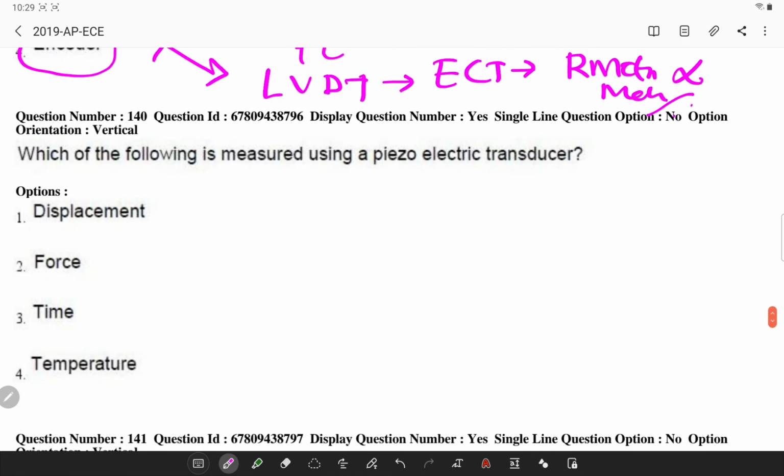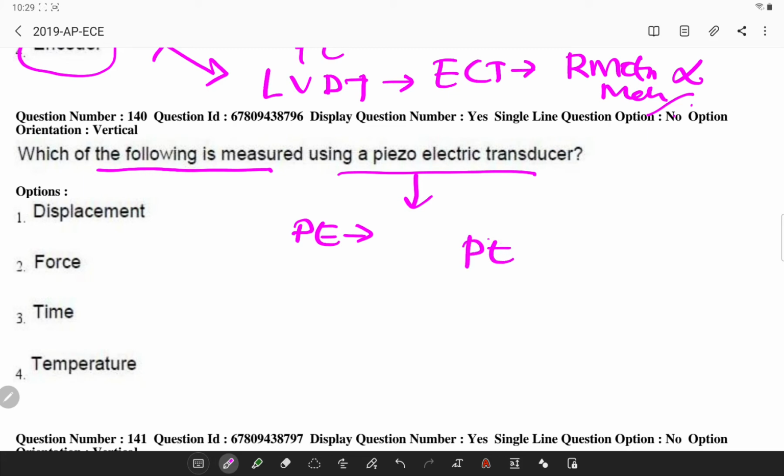So next, which of the following is measured using a piezoelectric transducer? Now a piezoelectric transducer works on the principle of piezoelectricity, in which the piezoelectric material used is quartz, which is coated with a thin layer of conducting material such as silver.